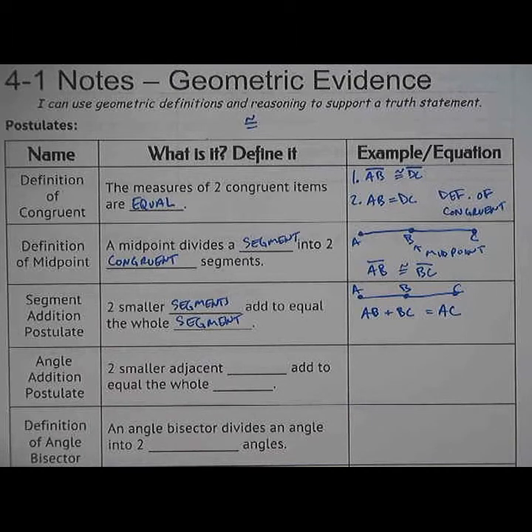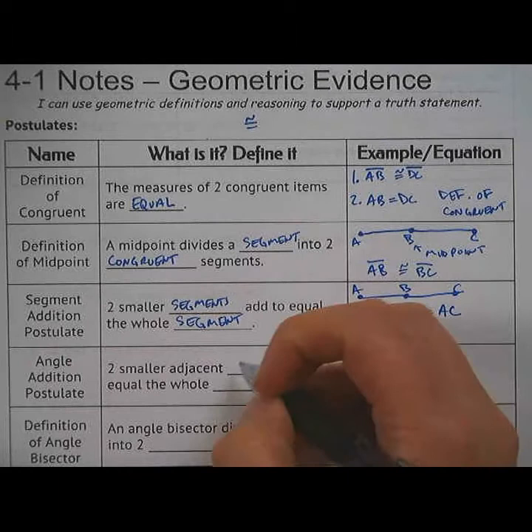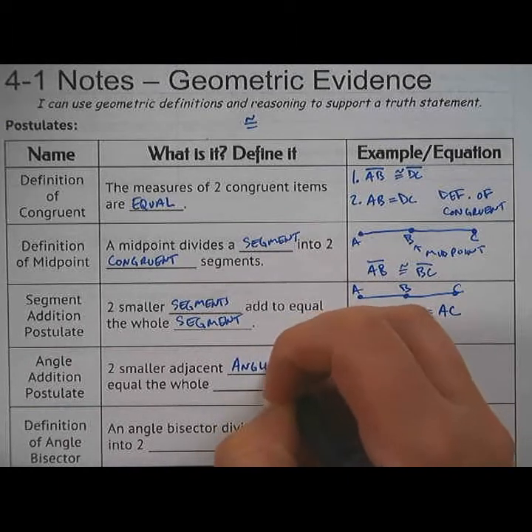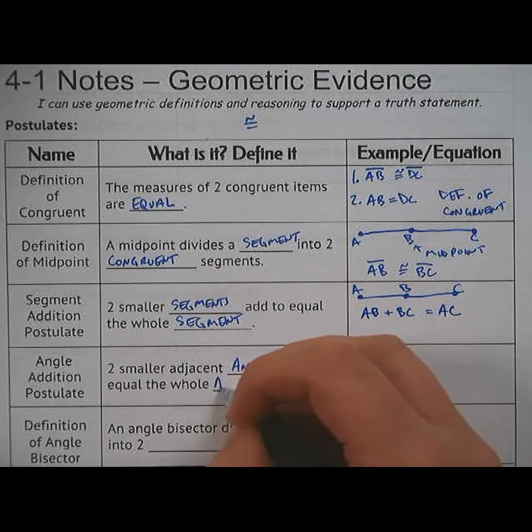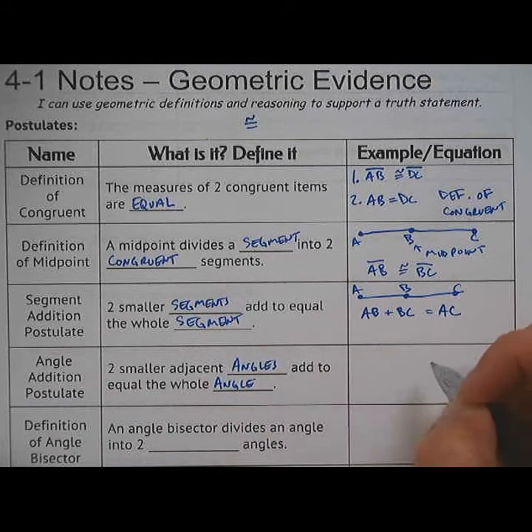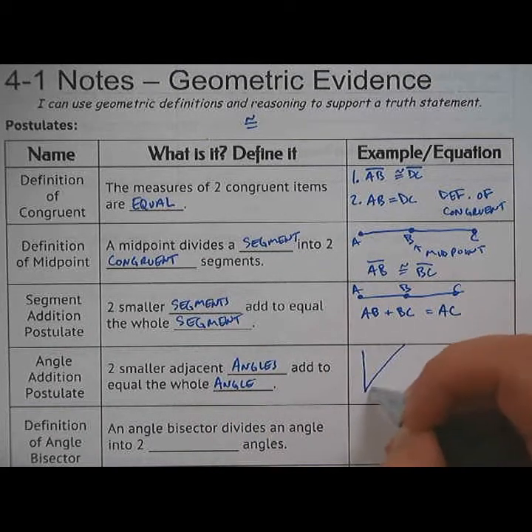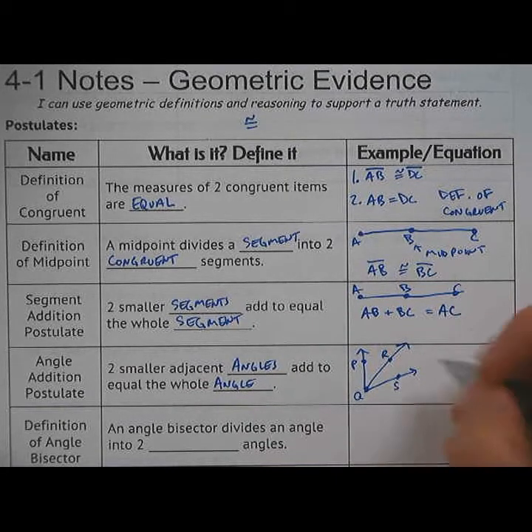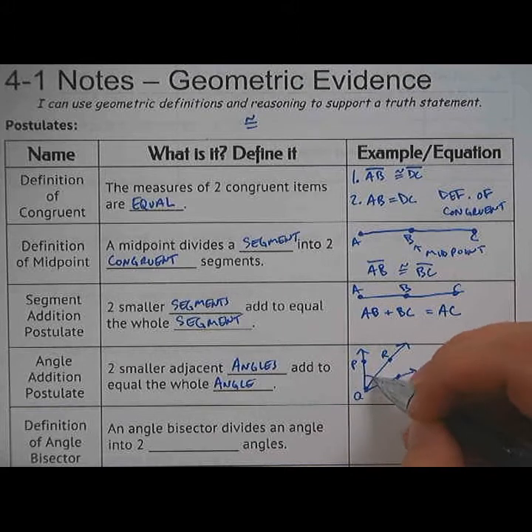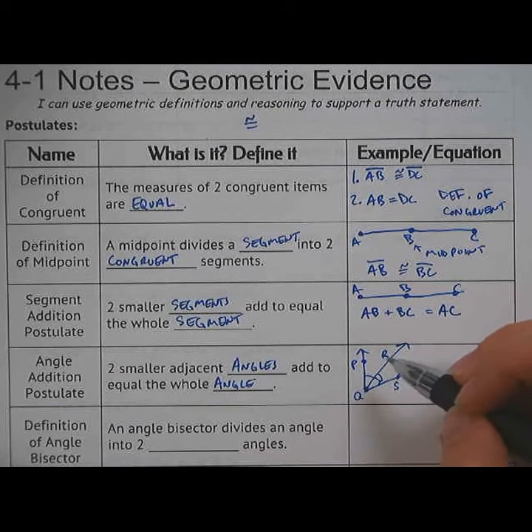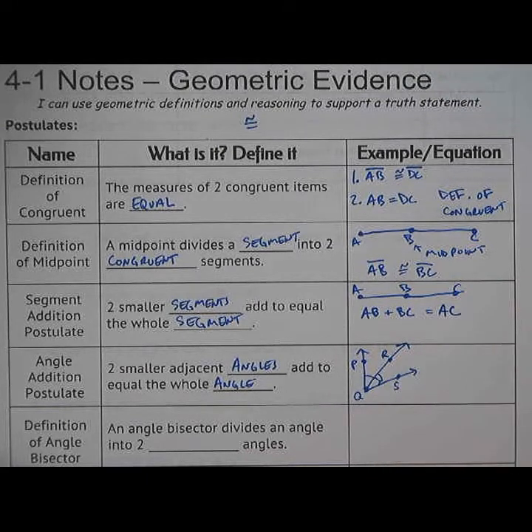So just like segment addition, we also have angle addition. So where two smaller adjacent angles add to equal the whole angle. So that's where we'd see a picture like this with, let's see, P, Q, R, S. And so we could say angle PQR plus angle RQS equals the whole overall angle PQS.